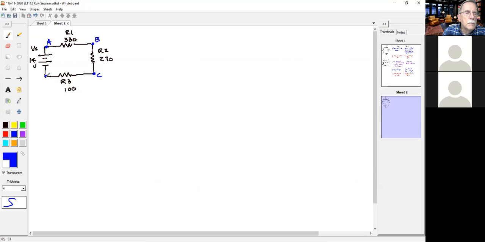We'll just put the ground symbol in. So the general approach to a series circuit like this is you find RT, you find IT, and then you use IT to find the voltages. And you could also use voltage division to find the voltages.